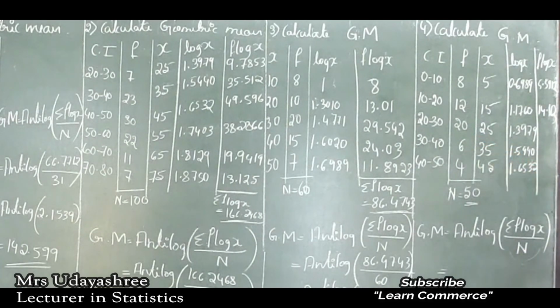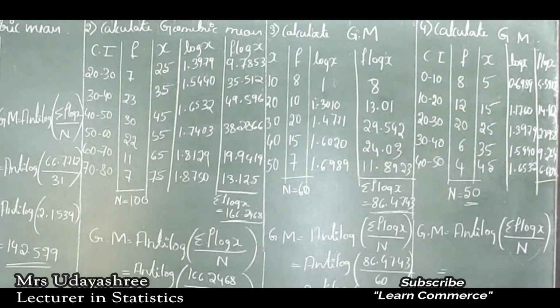Next f observation is 20 and log x is 1.3979, that is 27.958. Next f observation is 6 and log x is 1.5440, that is 9.264. And next f observation is 4 and log x is 1.6532, that value is 6.6128.